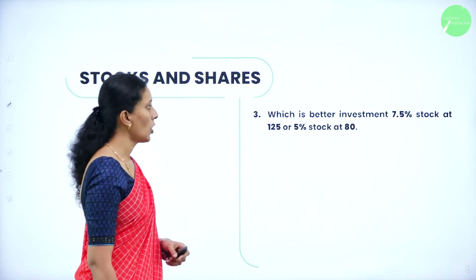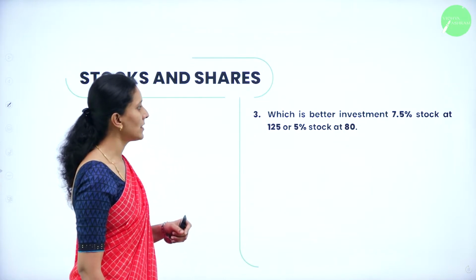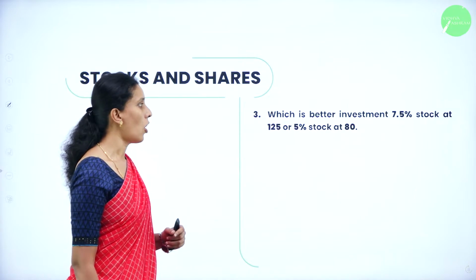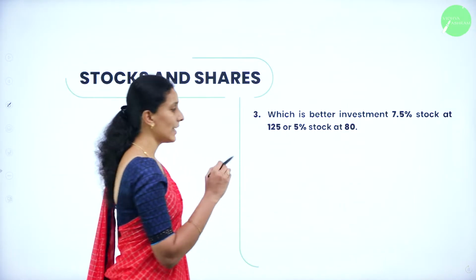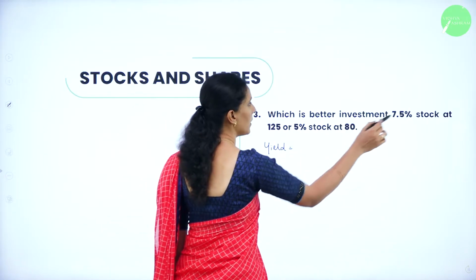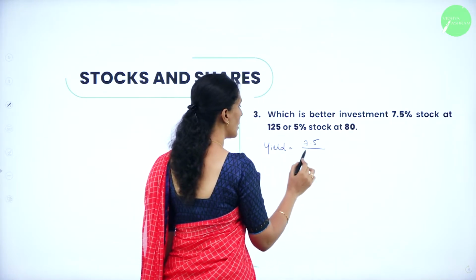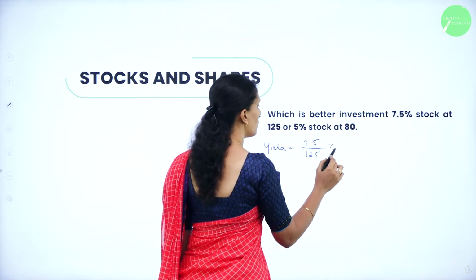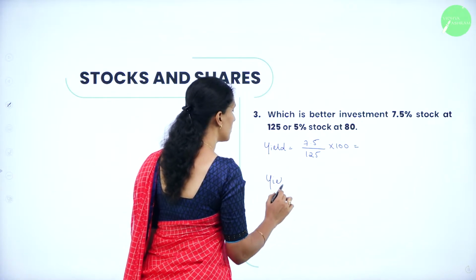Next one, which is better investment? 7.5% stock at 125 or 5% stock at 80. So let's calculate the yield of both. So yield is the income, that is 7.5 rupees divided by market value 125 into 100. Let's calculate the second yield.